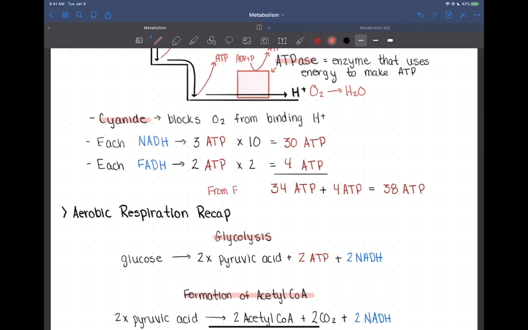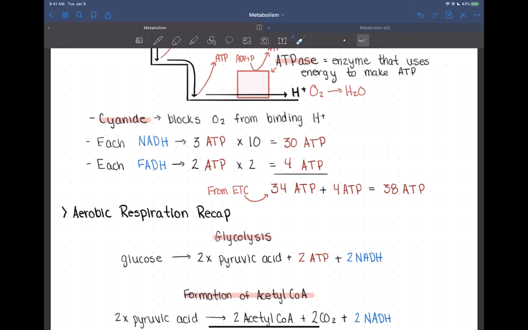I'm going to clarify that. From the electron transport chain alone, if that's asked on a test question, how many ATP are made in the electron transport chain? It makes 34. So we get 34 ATP in the electron transport chain from one original glucose that we started with.